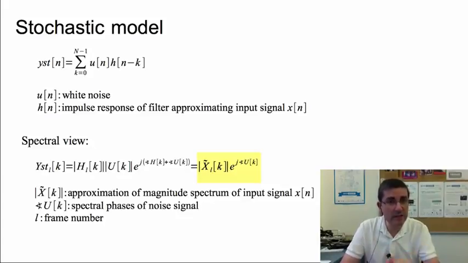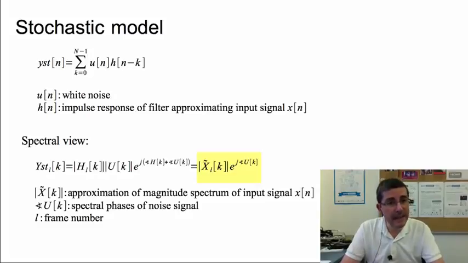So it's a constant, therefore we can take it out of the equation, so we can reduce the impulse response of the filter to an approximation of the magnitude spectrum of the input signal, which could be the frequency response of a filter, or it could be some other type of function, but a function that approximates the magnitude spectrum of the input signal.